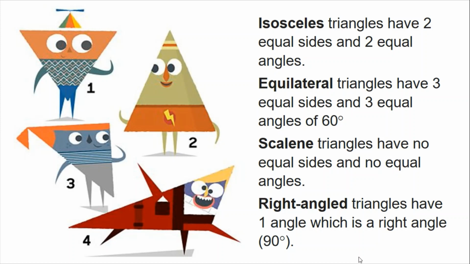A scalene is going to be pretty skew width and nothing will be the same. And your isosceles triangle may be tall and thin, or it may be wide, but we need to make sure that two of the sides look like they're the same. So it won't be wonky, it will be quite straight, but it won't be as perfectly formed as an equilateral triangle.